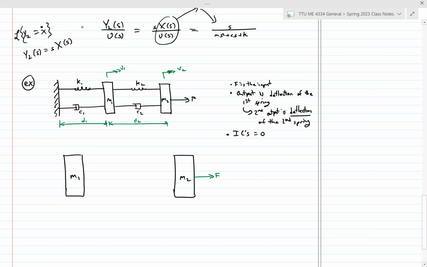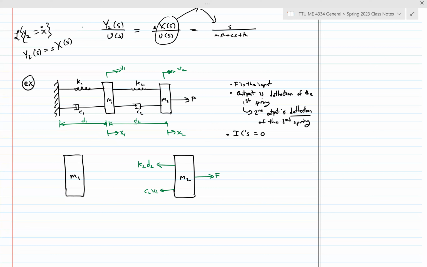Okay. All right. Then K2 times D2 pointing in the opposite direction. Wouldn't it be D2 minus D1, because they're both dynamic bodies? If I drew this as x1 and x2, the x's would have it.